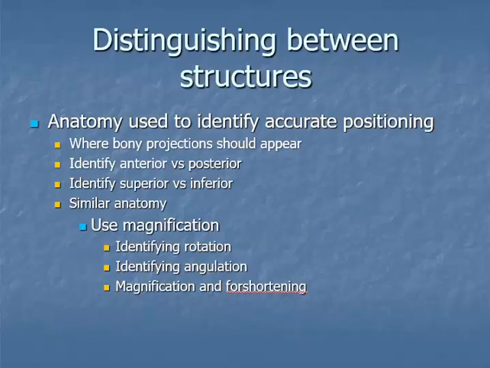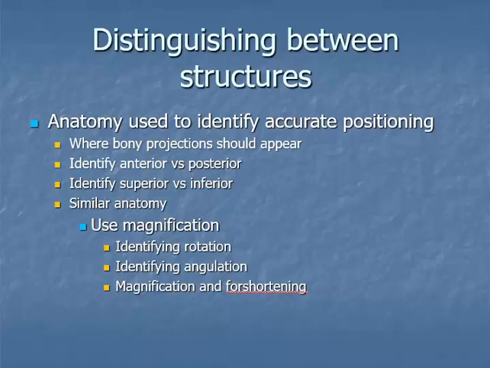So we're going to look for telltale indicators that we have accurate positioning. We're going to look at where the bony projections should appear as opposed to where they do appear on your image. We're going to look at what anatomy is anterior versus what anatomy is posterior, so that we can identify where the anterior anatomy should be in relationship to the posterior anatomy.